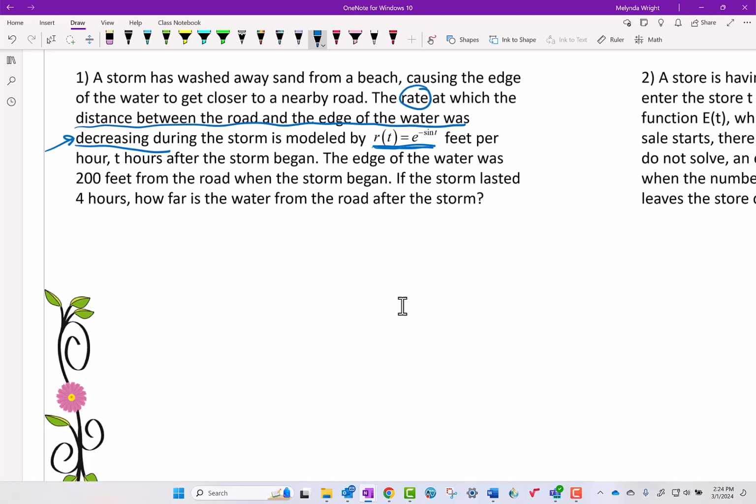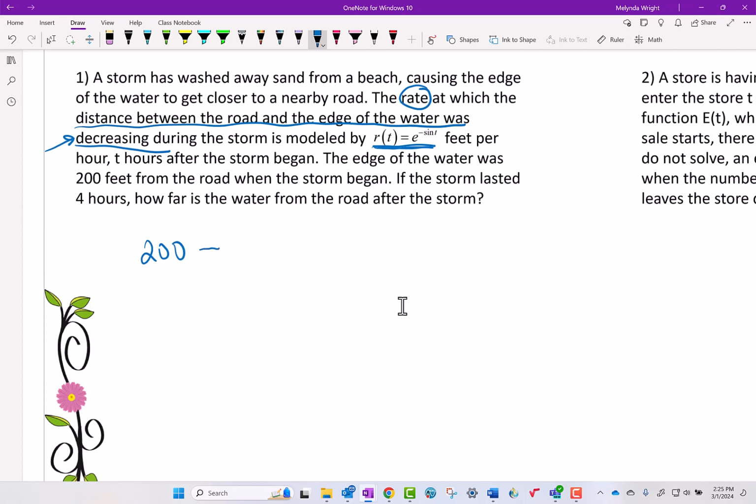All right. So we talked last time about two different methods for how to use the fundamental theorem. Method one was basically putting the 200 out here. This is a little bit of a trick though. It says that this rate is decreasing. So we're starting at 200 feet from the road, but we need to decrease.